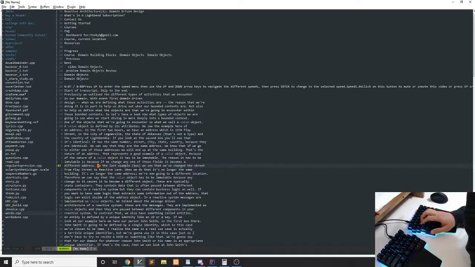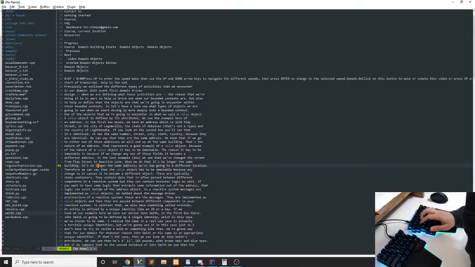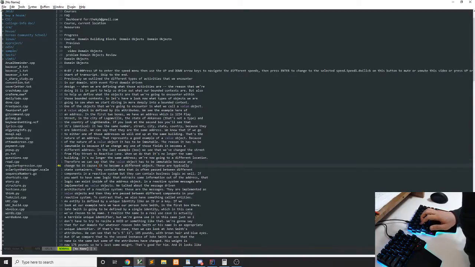In the last example we see that we've changed the street from one street to another lane. When we do that it's no longer the same building, it's no longer the same address, we are now going to a different location. Therefore, we can say that the value object has to be immutable because any change to it causes it to become a different object.